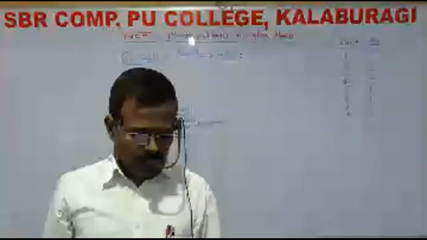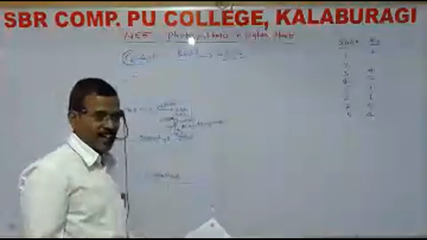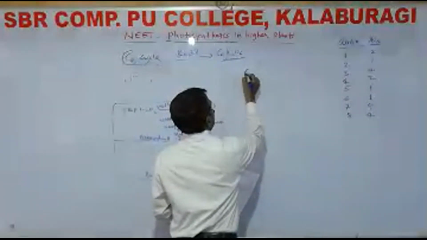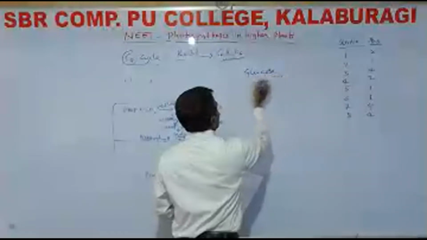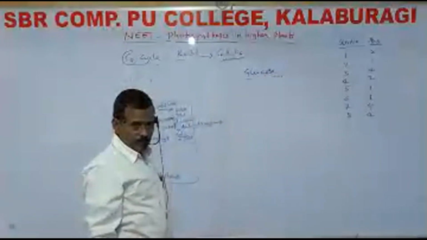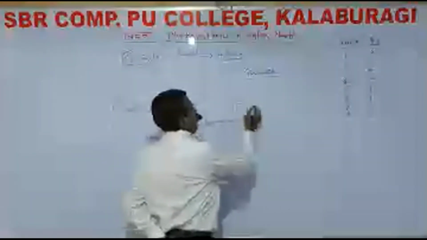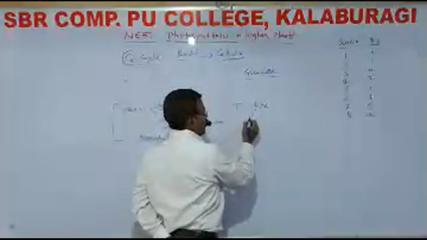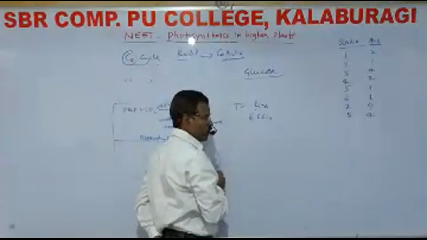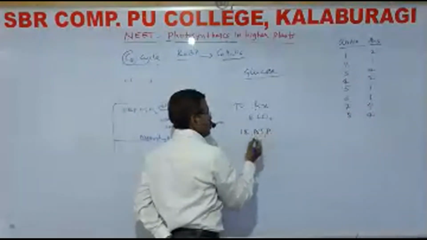Next, in the dark cycle, that is C3 plants, one molecule of glucose formation needed... We learned the Calvin cycle, right? In the Calvin cycle, to fix 6 carbon dioxide, the number of ATP used is 18 ATP.